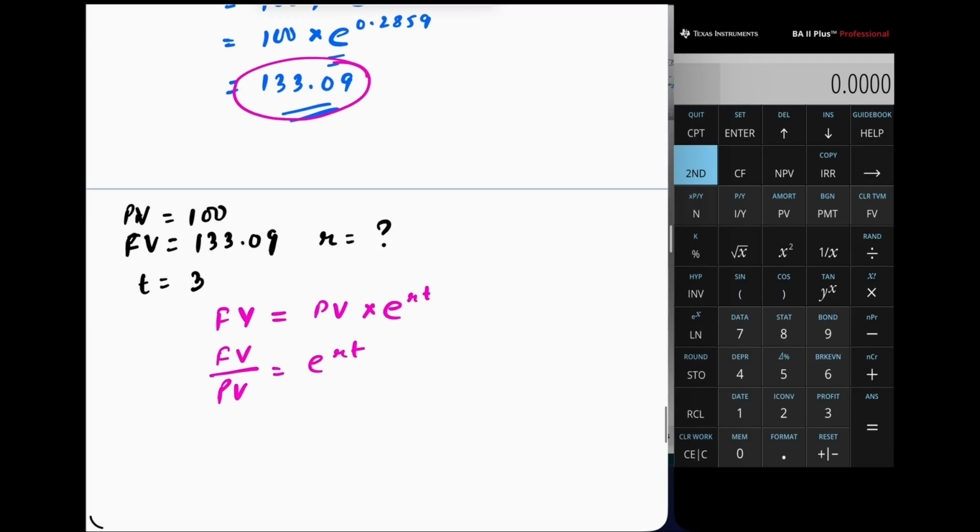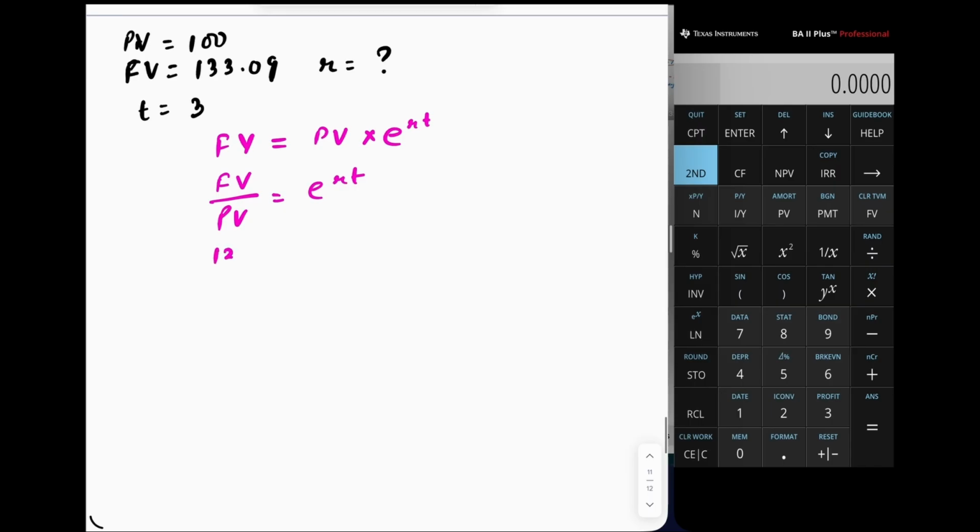Future value is how much? 133.09 divided by present value, which is 100, equals e to the power RT. So just let me write 133.09 divided by 100, which you need not use a financial table for, you can easily see. So it is 1.3309 is equal to e to the power RT.